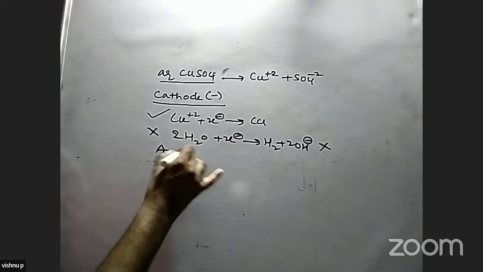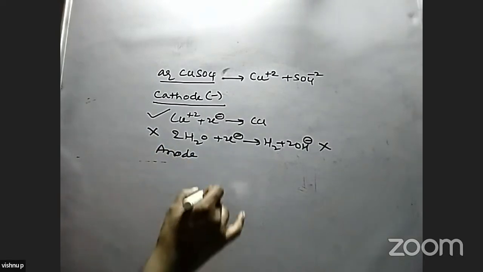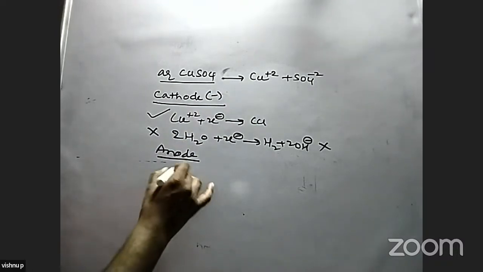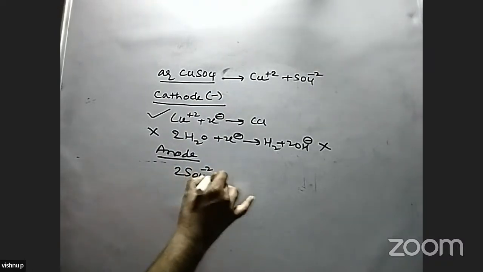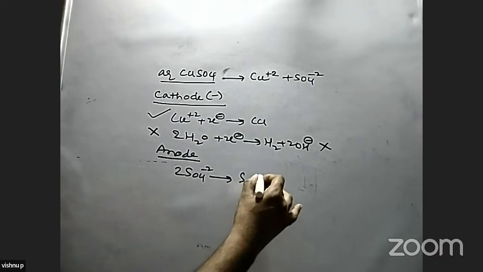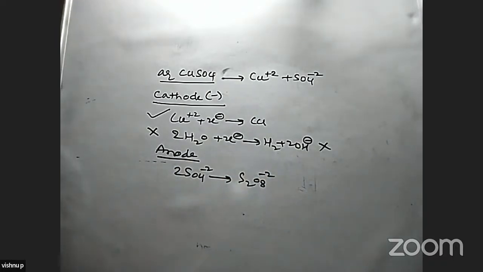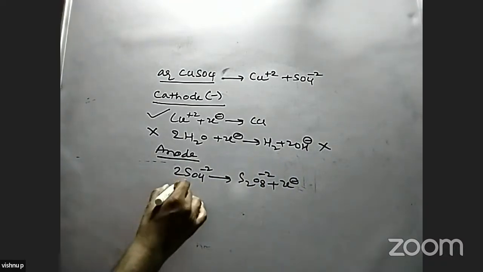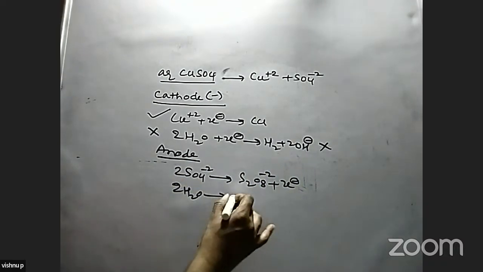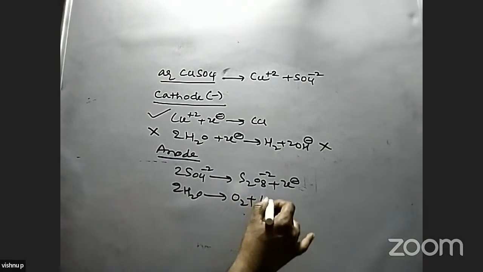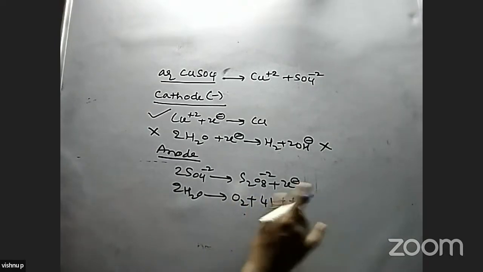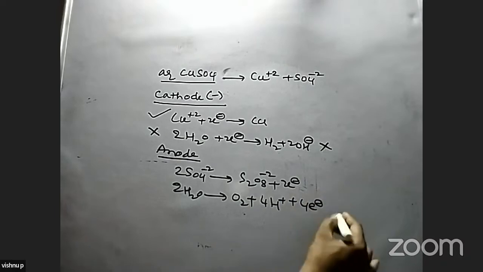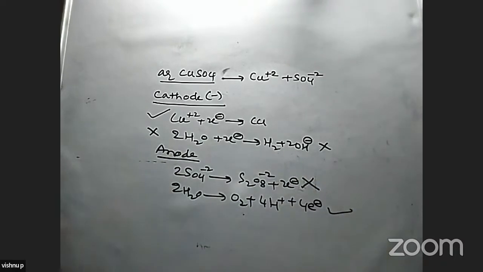And what is the reaction at the anode? SO4 2- is converted into S2O8 2- by losing 2 electrons. And one more is also possible: 2H2O gives O2 plus 4H+ plus 4 electrons. This reaction is possible; the other reaction is not possible.